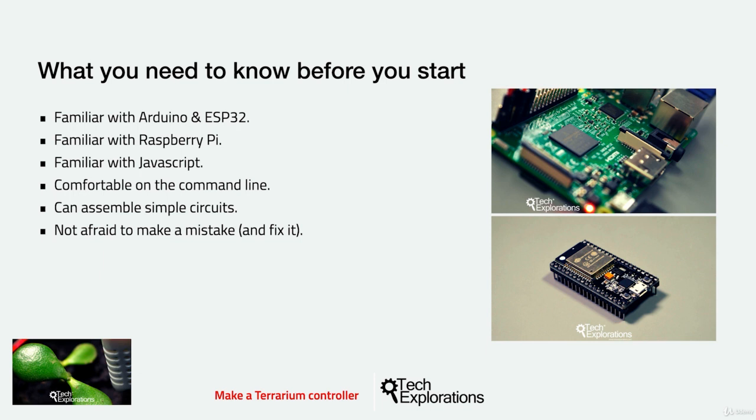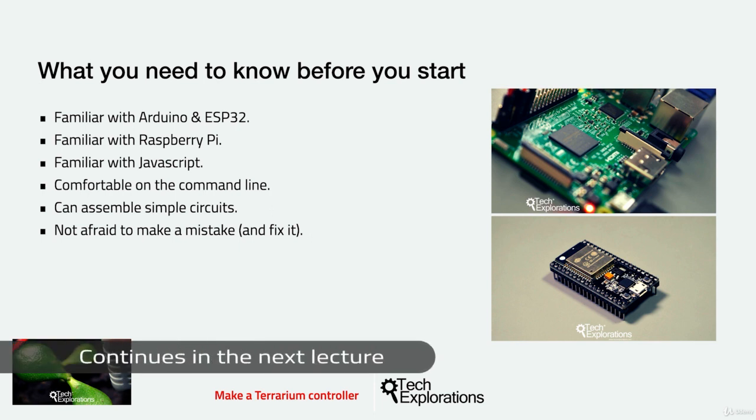But if not, I suggest that you do some work on these two courses first. You don't need to complete them, but at least go through the first 3 or 4 sections to get up to speed with things such as installing the operating system on the Raspberry Pi, getting comfortable with the command line, and understanding how to use the Arduino IDE with the ESP32.